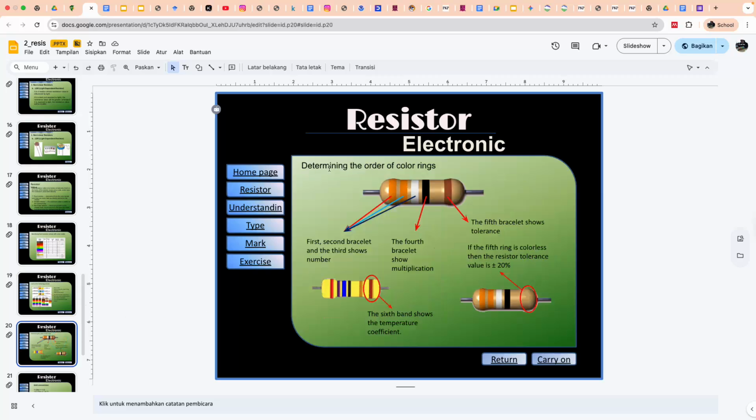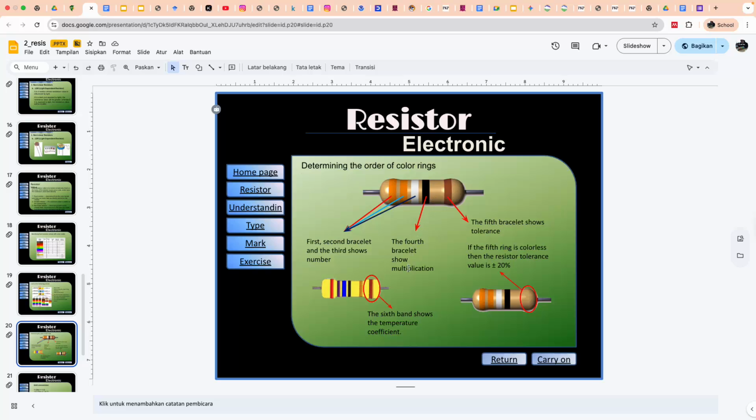And then this determines the order of the color rings. The first, second, and third bracelets show the number. Like this, orange and white.